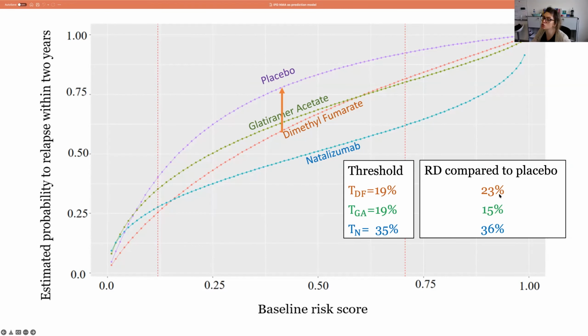Dimethyl fumarate is an option for that patient, but glatiramer acetate is not. Natalizumab is also an option because the benefit exceeds the threshold, but the largest difference between the benefit and the threshold is in dimethyl fumarate. So the model for that patient recommends dimethyl fumarate.